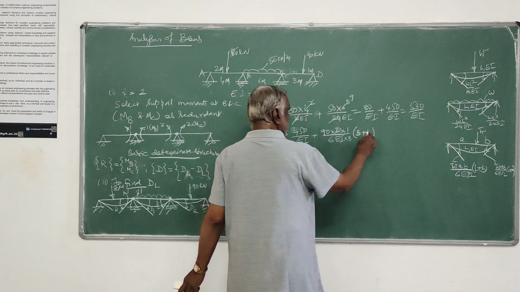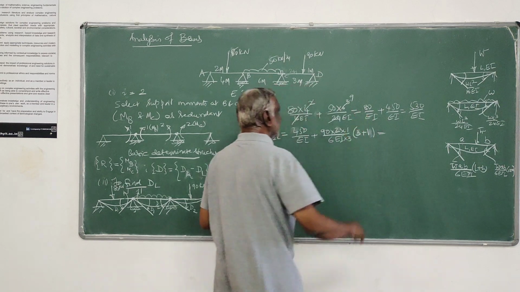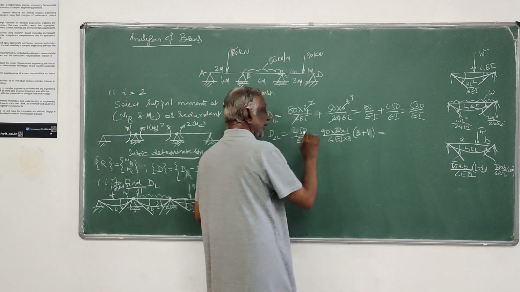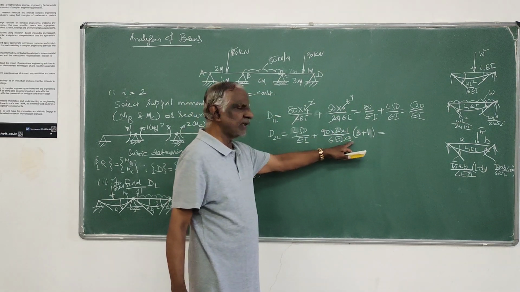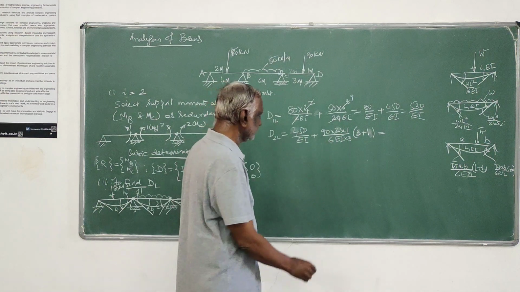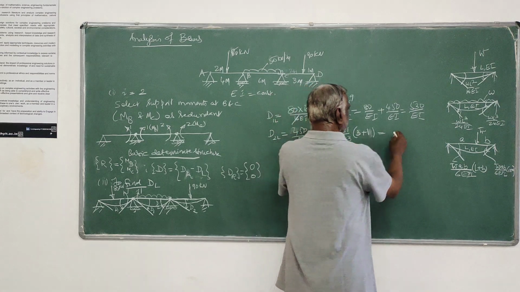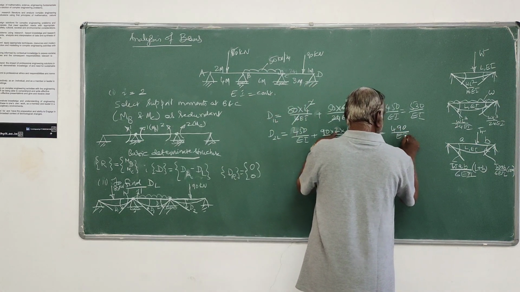This is 4, 4 into 2, 8, 8 into 90, that is 720 divided by 18, 40. This is 450 plus 40, it is 490 by EI.